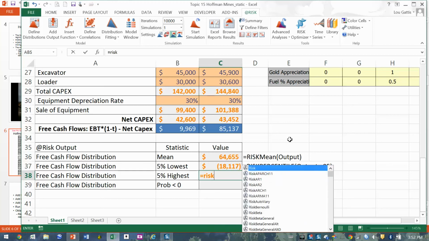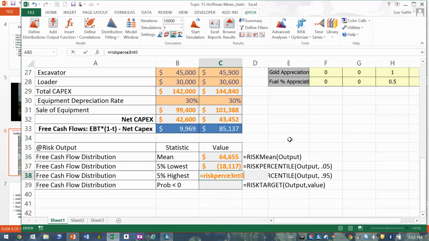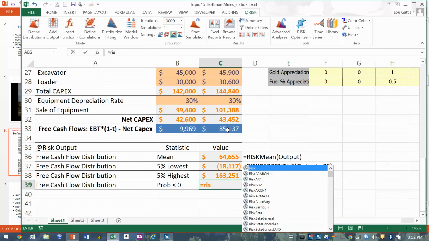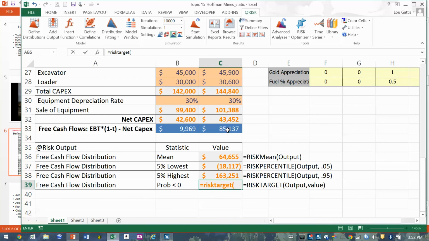Risk percentile, output, comma 0.95 will give me the 5% highest. And risk target, output, comma 0 will give me the probability that the cash flow is below 0.